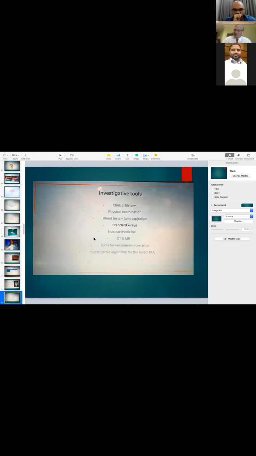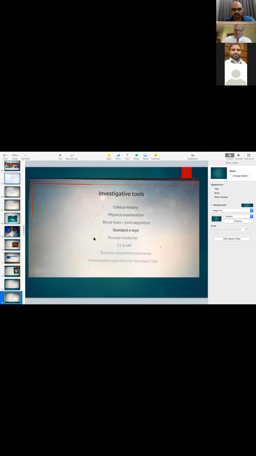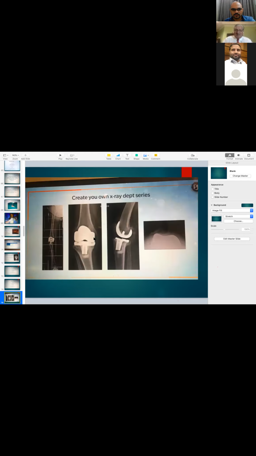We come to the X-ray. X-ray is a very good tool to diagnose most causes of the painful knee, by simple X-ray or something sophisticated. With standard X-ray, it is always important to get a series of X-rays: preoperative, postoperative, and over a long period.